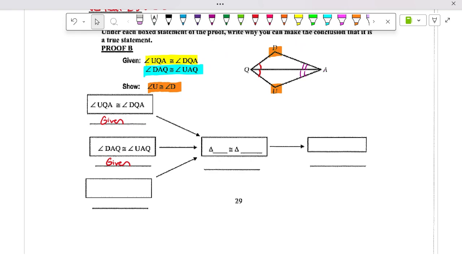How many postulates have two angles in them that are congruent? ASA and AAS. So we either need to prove that the side in between the two angles is congruent, or one of the two sides not in between the two angles is congruent. Which one would make the most sense to show?